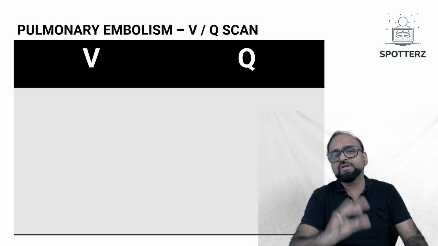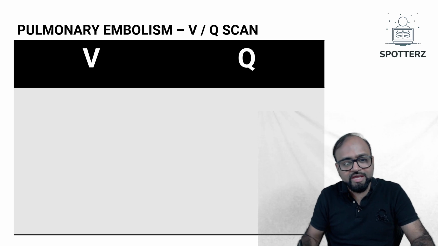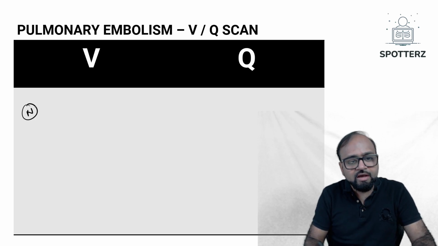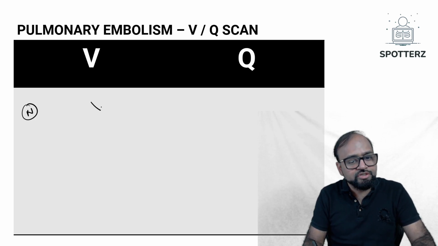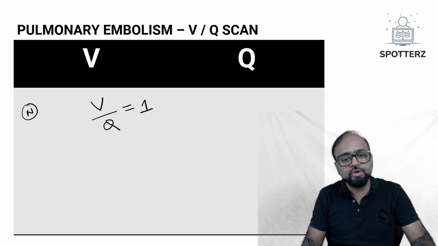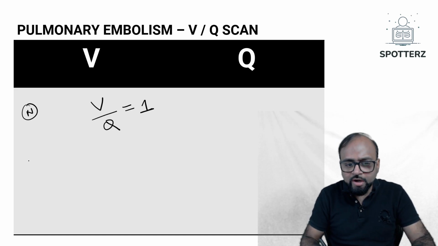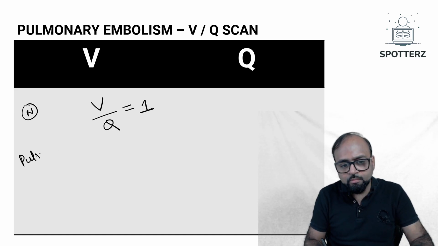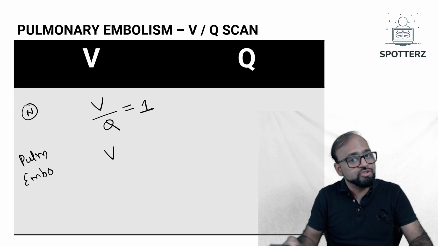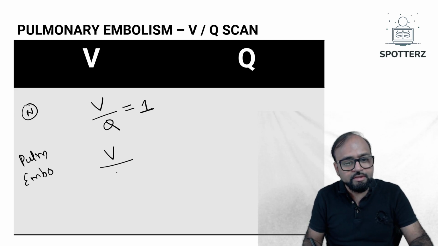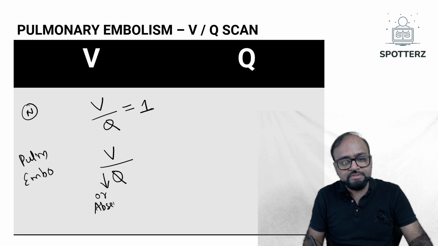Now, as I said, let us quickly discuss some concepts of ventilation perfusion scan. So normally the lung has ventilation and perfusion which is equal, and therefore the ventilation perfusion ratio is usually 1. Now what happens in pulmonary embolism is that the ventilation is normal, right, but the perfusion is either decreased or it is absent, right?